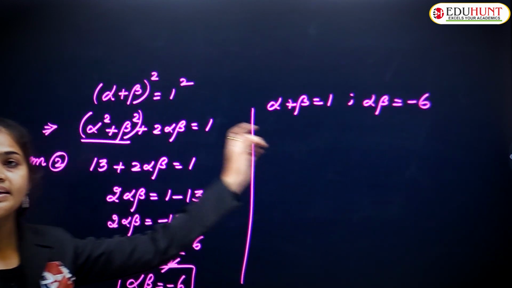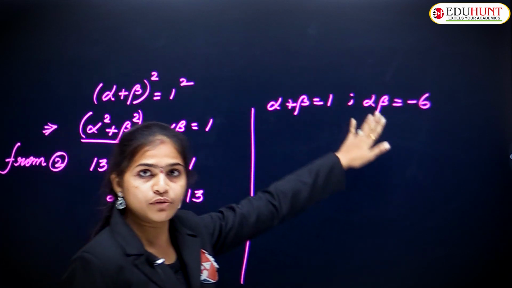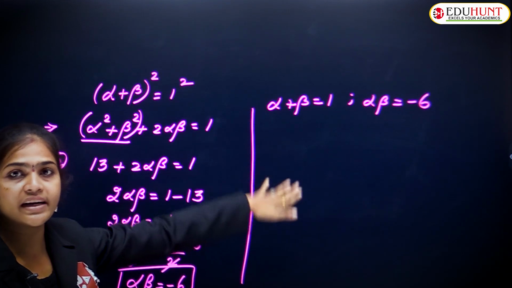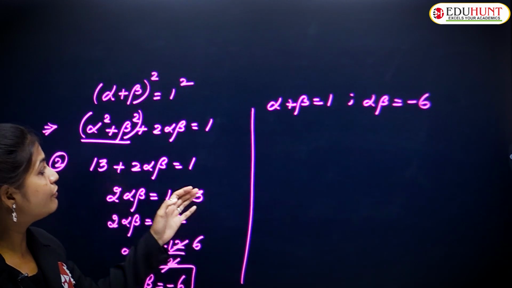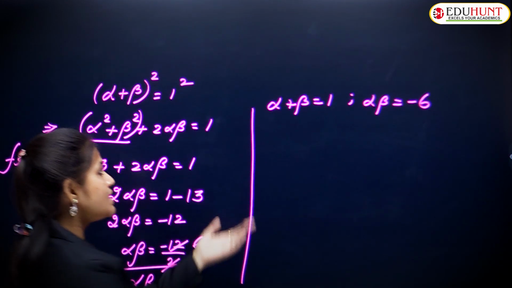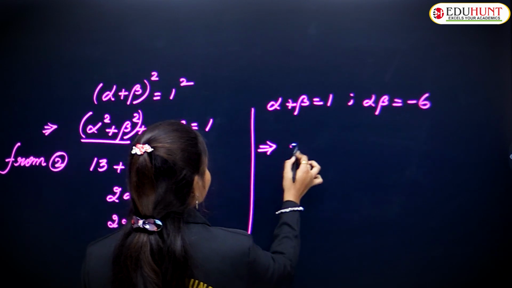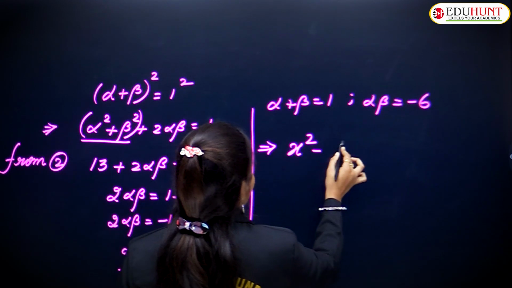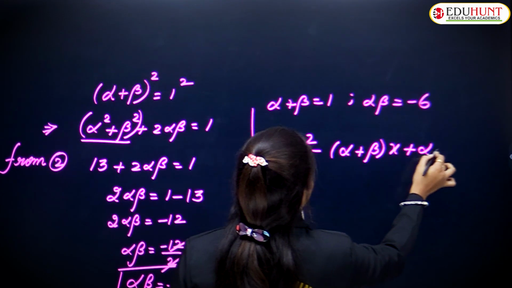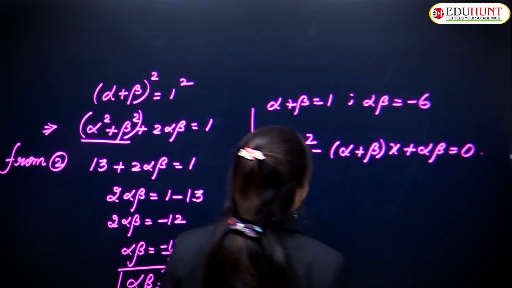So here we have the sum of the roots as well as the product of the roots. Now what we have to find is the required quadratic equation. Okay. So if we know the roots, then how to find the quadratic equation? We just have to go for the formula: x square minus (alpha plus beta) into x plus alpha beta is equal to 0.